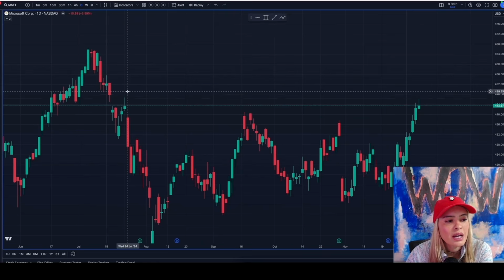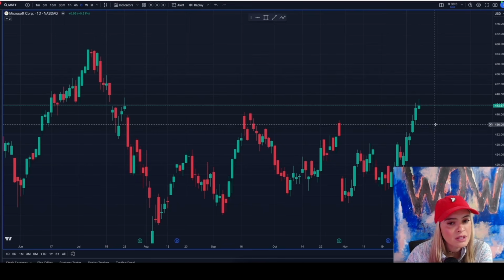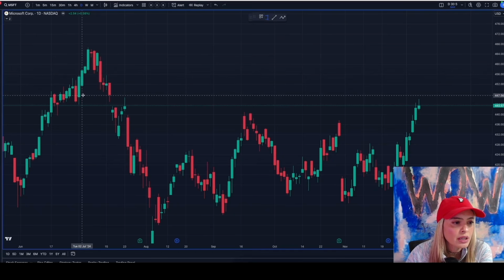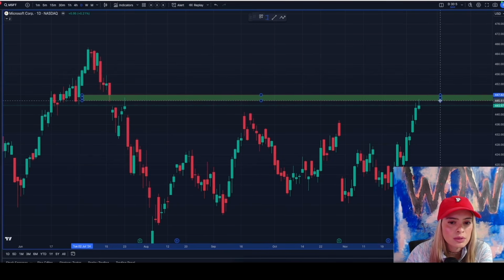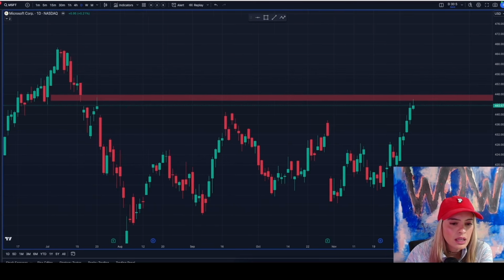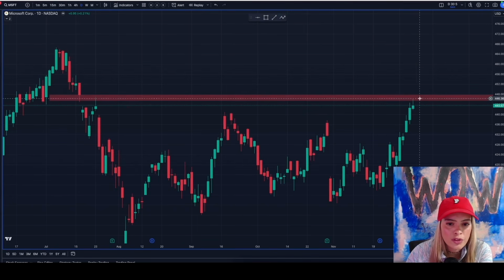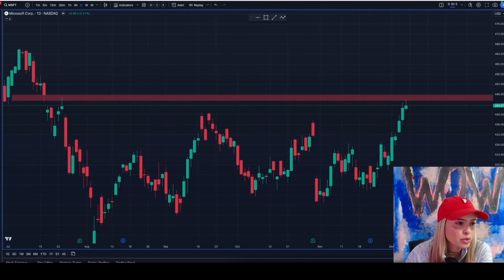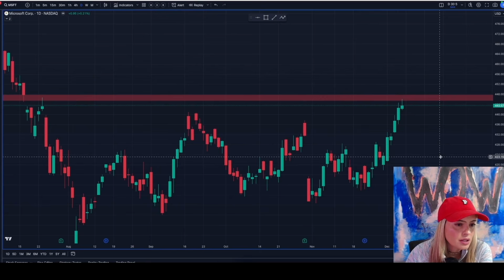So Microsoft had a very strong reaction here. We could see the same thing here, I don't know, but it's important to keep that in mind. So all this level is a very important level of resistance that we need to pay attention to. And then what's the next level from today into the past that we could see potential reaction?